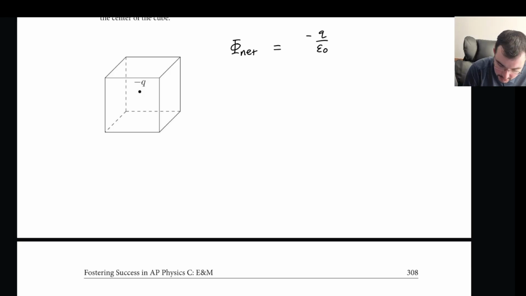But we know that symmetry is broken. So this means that phi top is no longer going to just be 1/6 of the total.